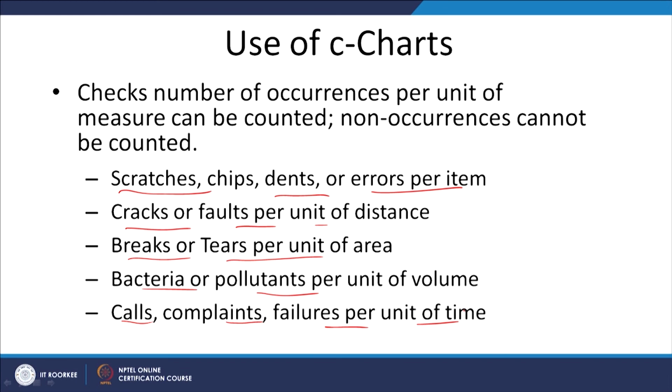So, this is how we count the number of defects or undesirable features present in a unit, and then their average values are identified.